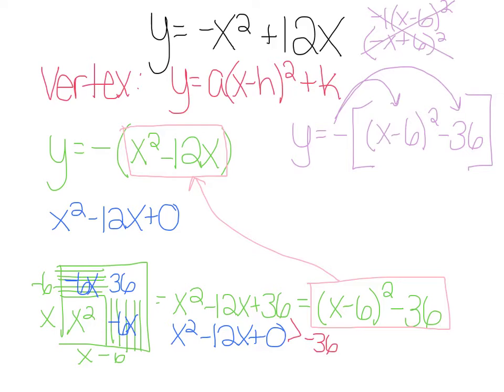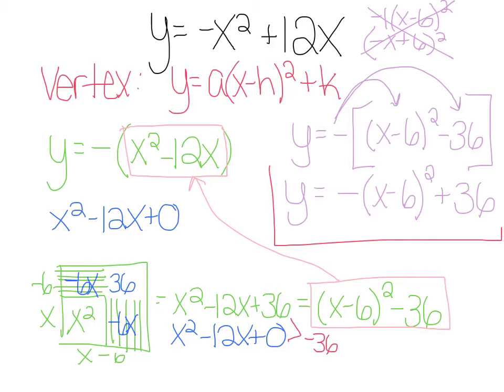Can't do that, because order of operations says we deal with our exponents first and then we multiply it out. So we're just going to leave the negative on the outside, and we're going to have x minus 6 squared. So the negative of x minus 6 squared is negative x minus 6 squared. Then we have the negative of negative 36, and the negative of negative 36 is positive 36.